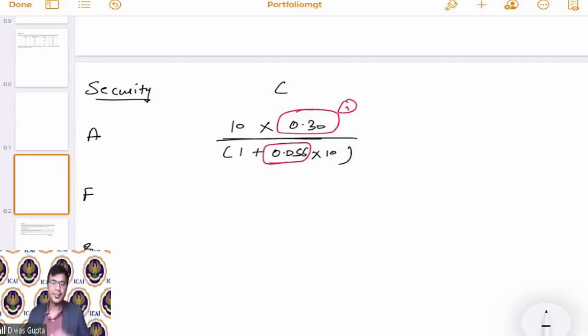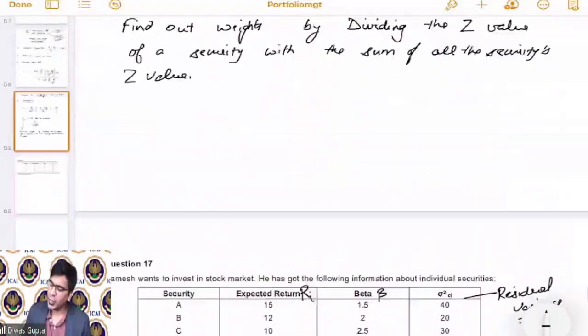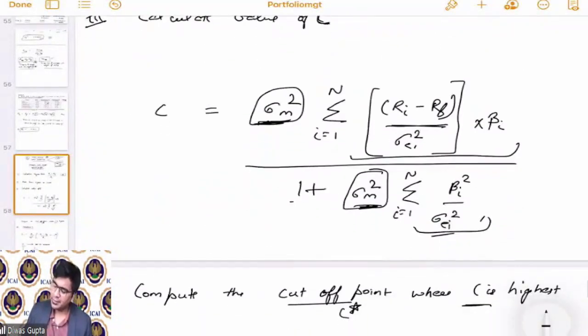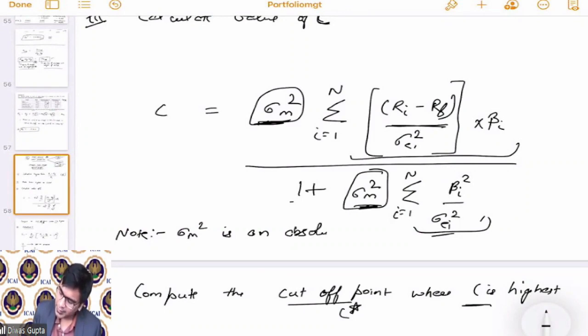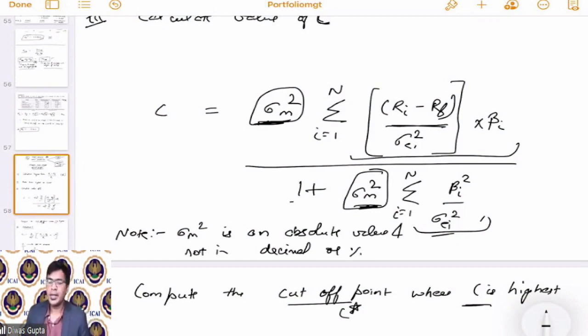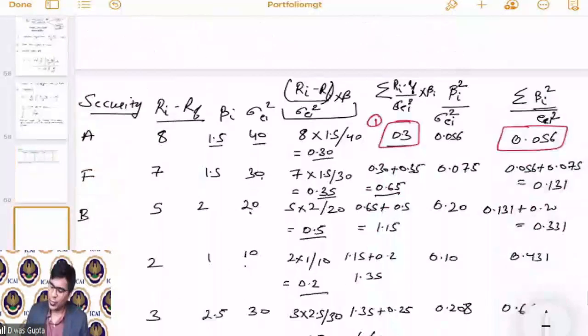So this is actually the absolute value itself, not the decimal. Just make a note of it here as well: note, it is an absolute value and not in decimal or percentages. So exactly 10 we will have to put there.